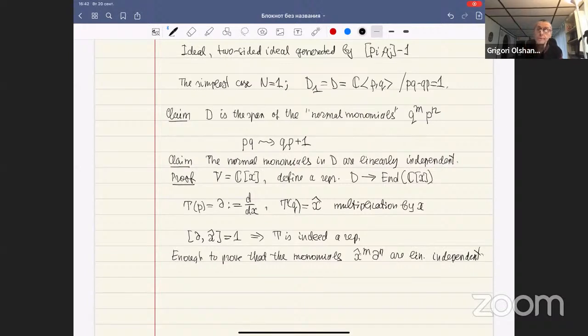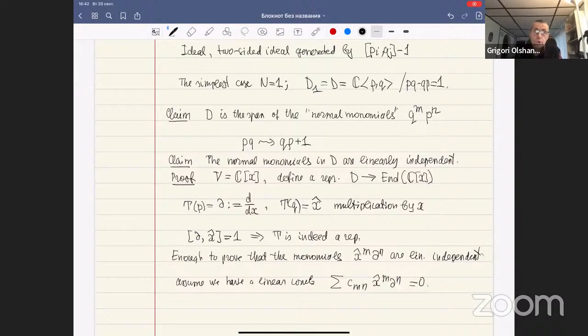And how to do this? So assume that we have some linear combination which is equal to 0. So assume we have some coefficients and this is equal to 0.